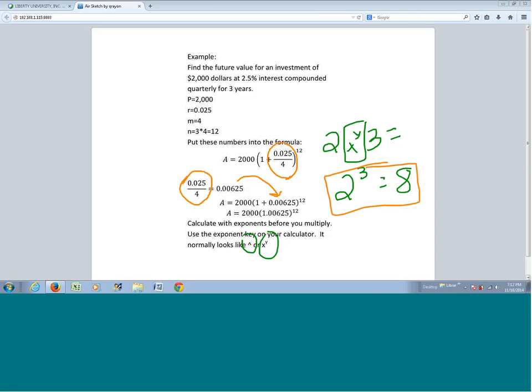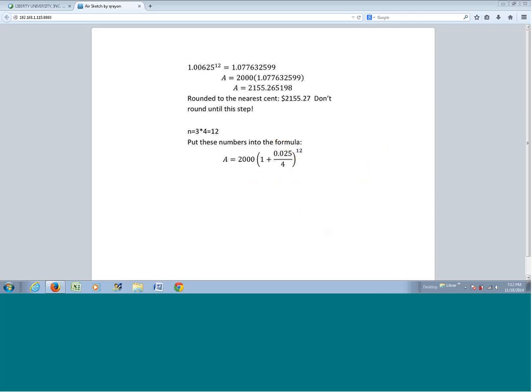So once you have that figured out, you can move on to the next step, and that's where we need to take our number to the 12th power. So whatever exponent button you have, go ahead and type in 1.00625 to the 12th, and that gives you 1.077632599.